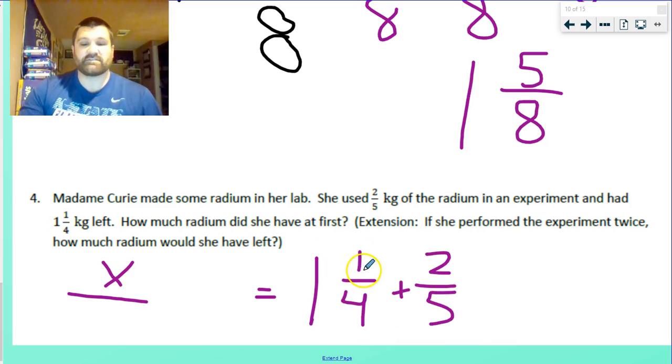So 4 and 5, well, common denominator would probably be 10, no. 15, no. 20, yes.